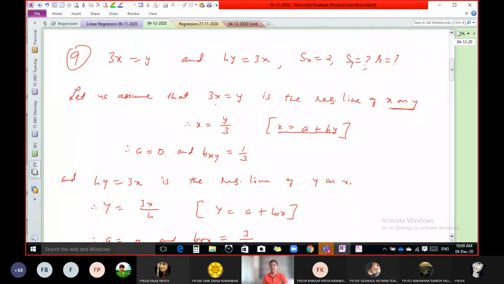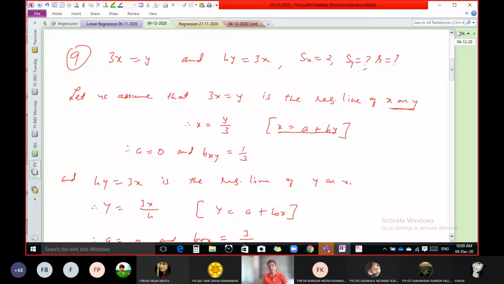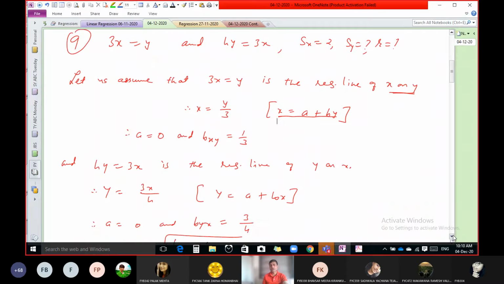Now if this is the regression line of x on y, the other one must be the regression line of y on x. So the second line, 4y equal to 3x, we have to consider as the regression line of y on x, because the first one is x on y, then the other one should be y on x.